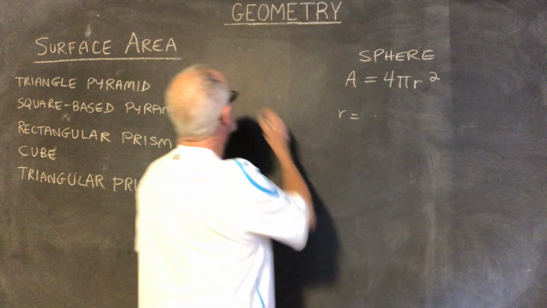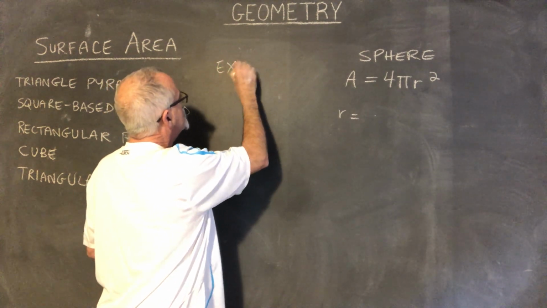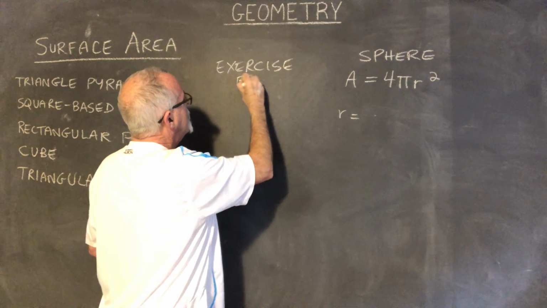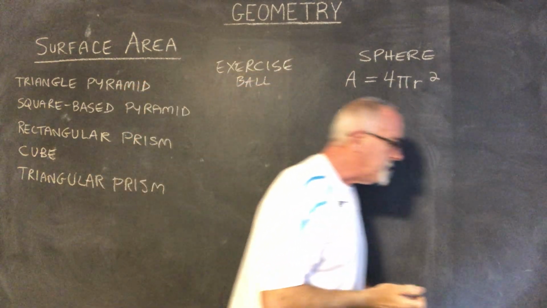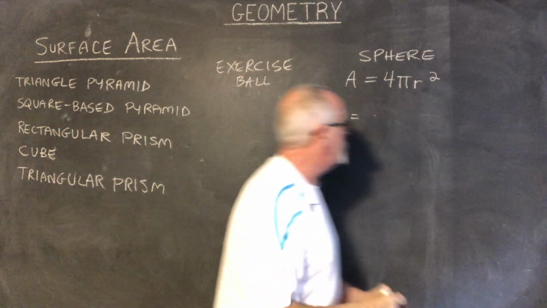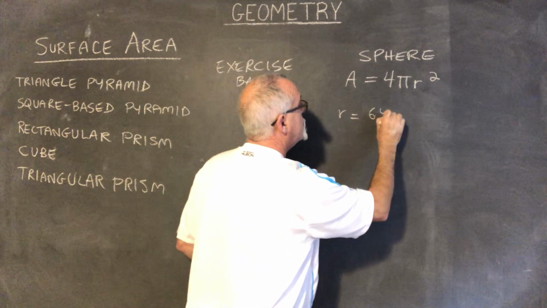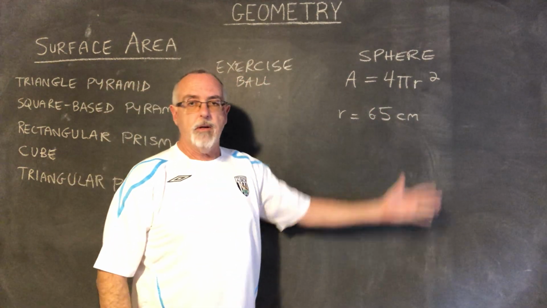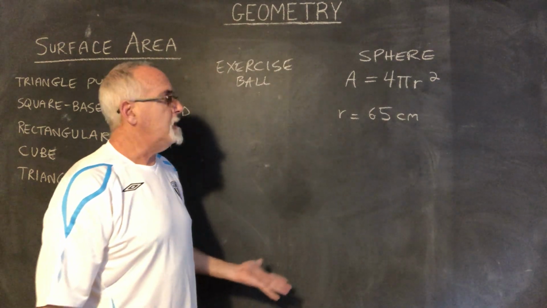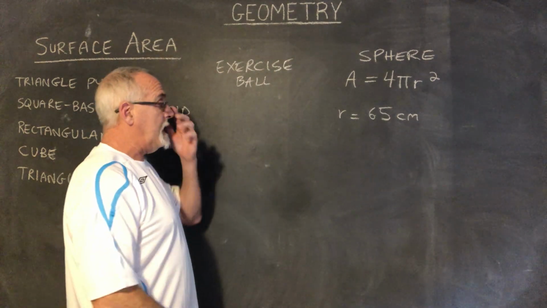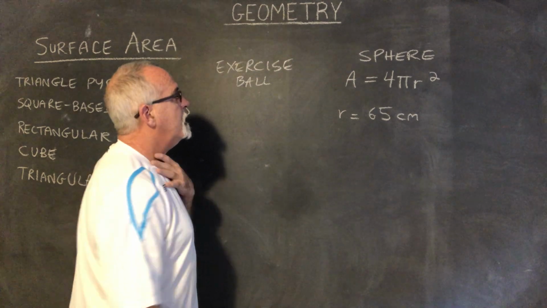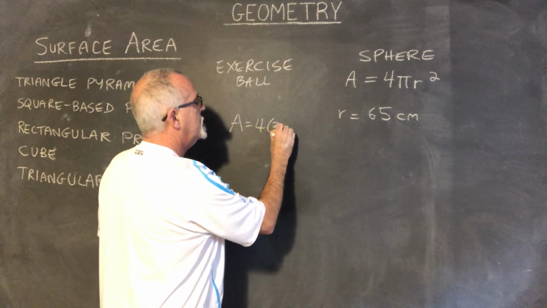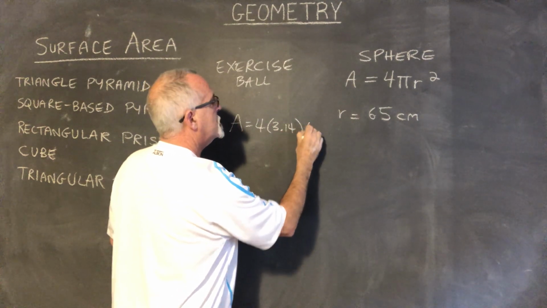So the exercise ball, how about I choose the medium one? The medium one is 65 centimeters. Okay, the fact that we are doing metric doesn't change anything except our unit. So we'll tag the correct unit on at the end. The area is going to be 4 times pi times 65 squared.